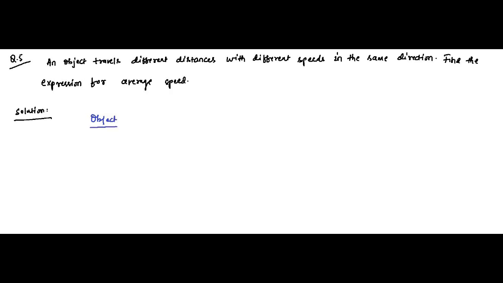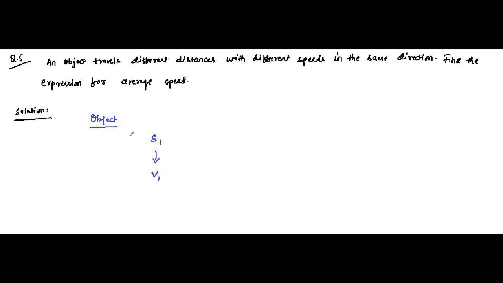it covers first a distance, let's say S1, with speed V1. Speed, because if I put S here it will create confusion.